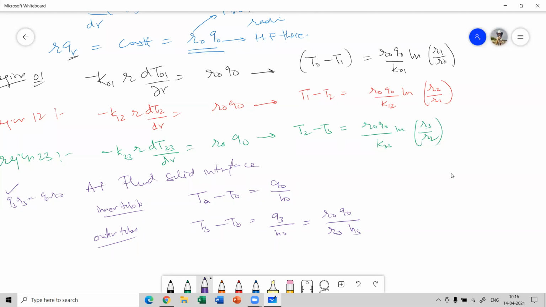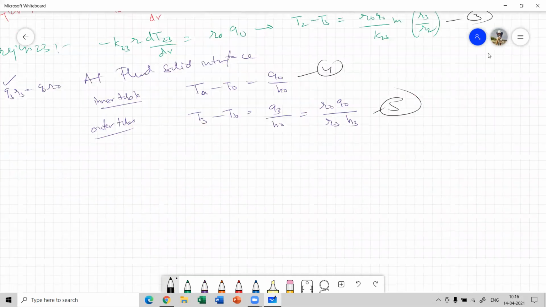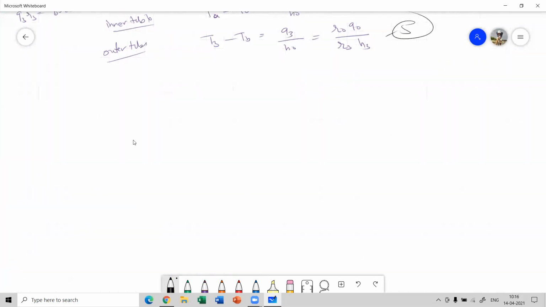So now let's name these equations. This is equation 1, equation 2, 3, 4, and 5. If we add all the equations, what we end up with is Ta minus Tb, as r0 q0 is common in all.